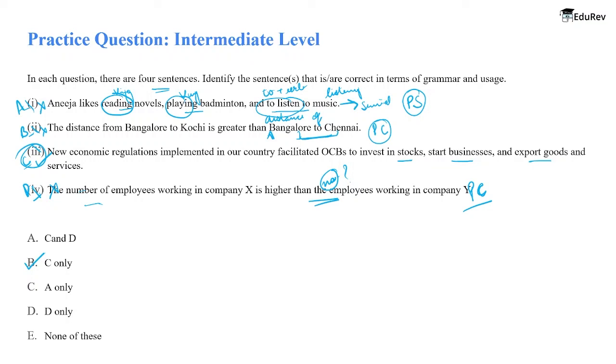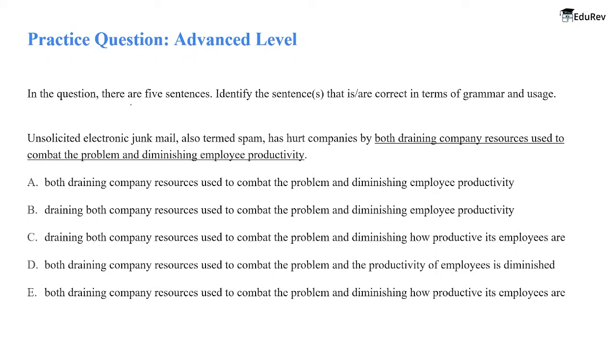Let's solve a question of advanced level now. In the question there are 5 sentences. Identify the sentence or sentences that are correct in terms of grammar and usage. Unsolicited electronic junk mail, also termed spam, has hurt companies by both draining company resources used to combat the problem and diminishing employee productivity.